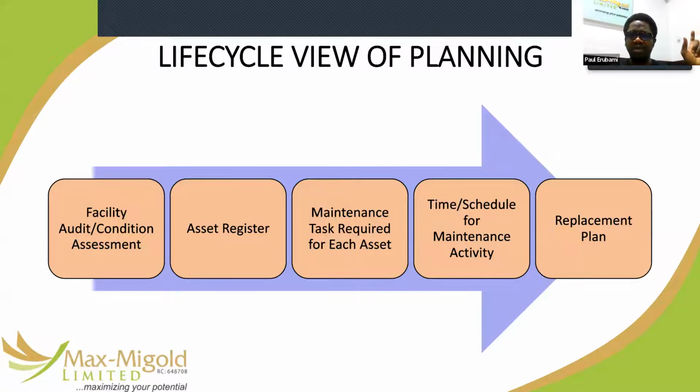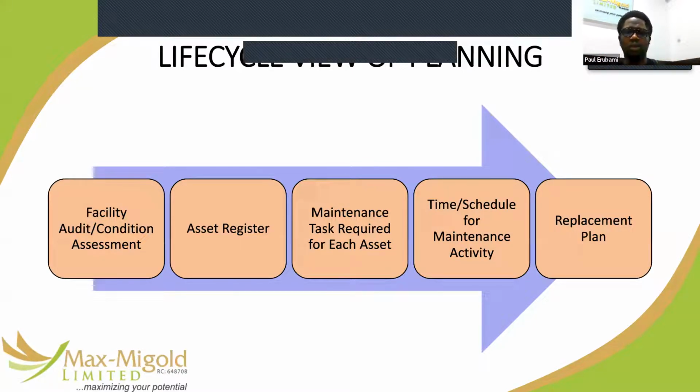Now, in everything I do, before I even acquire the assets, I consider the maintenance program, right? And I also have that in mind in making decisions of what kind of assets to acquire, and what kind of maintenance strategy I'm going to deploy when I acquire those assets, and so on and so forth.